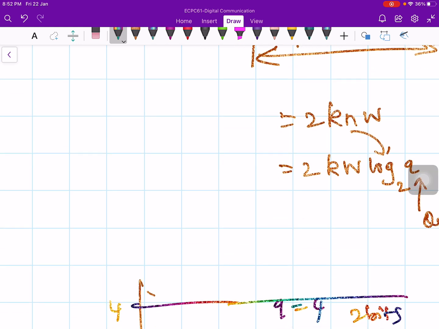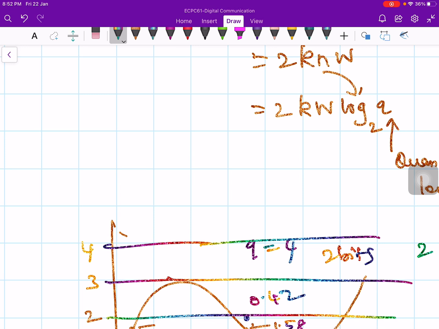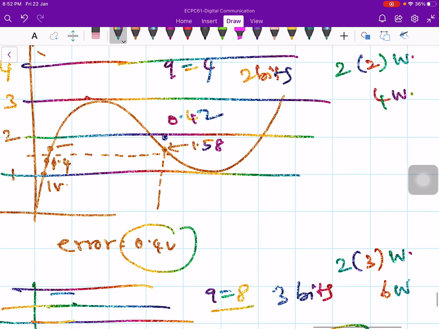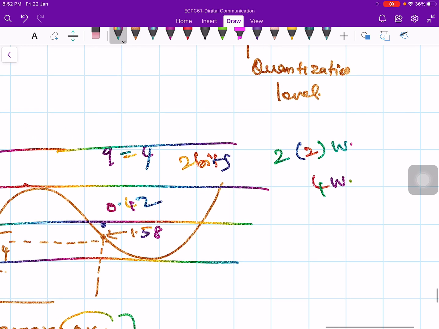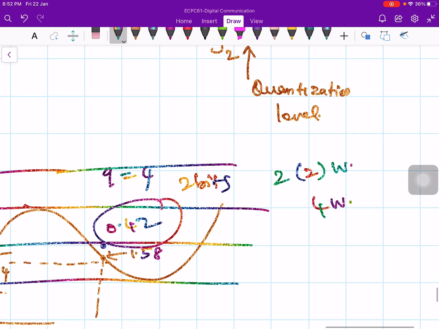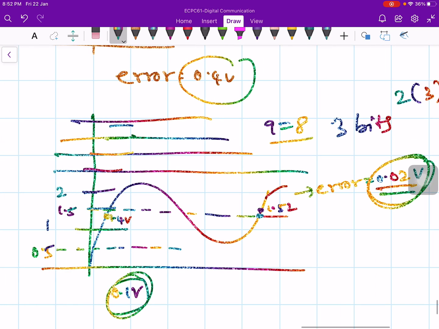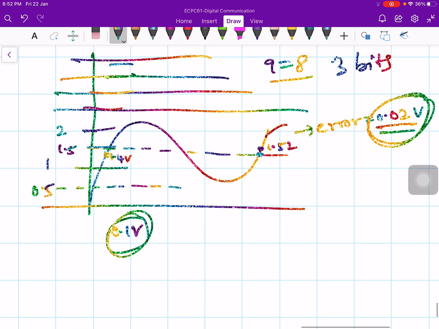Now the other aspect is that the process of quantization introduces errors, right? See, I told you here this 0.4 volt is an error, and here 0.42 amount of error, and here 0.02 volt error, and this 0.1. Therefore it introduces error, and this error is called quantization noise. This error is introduced at the transmitter itself, unlike other communication processes.